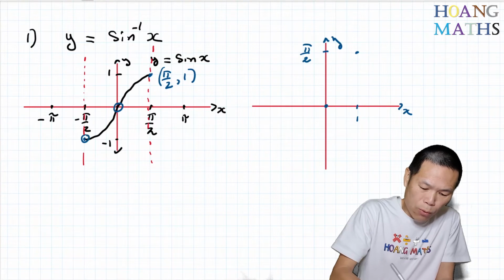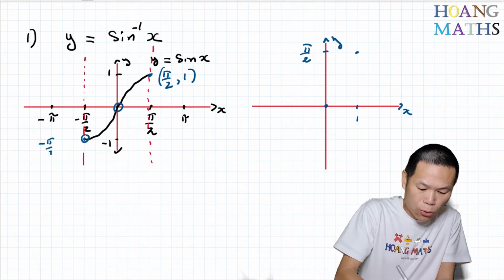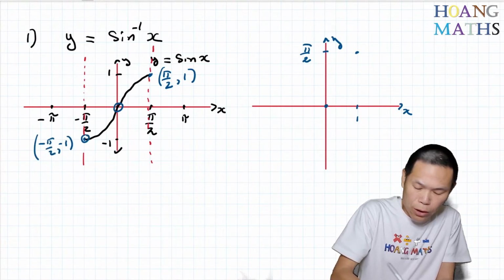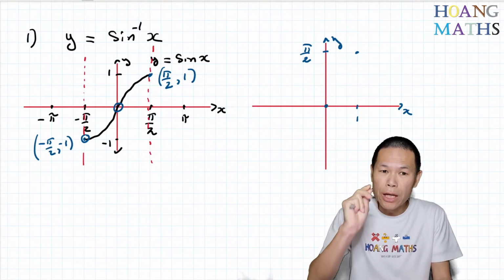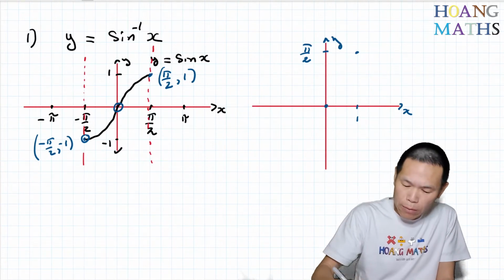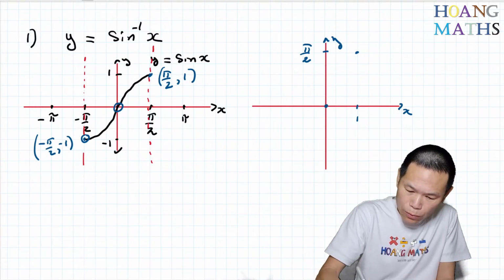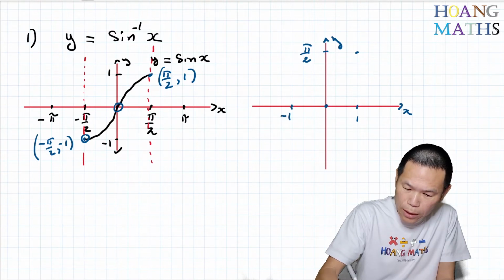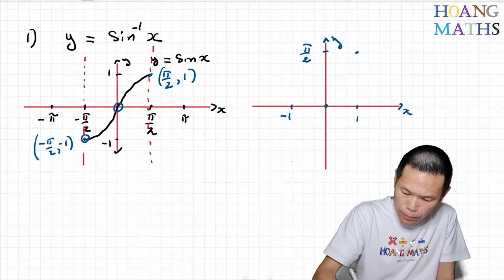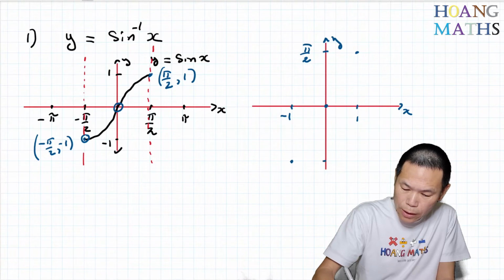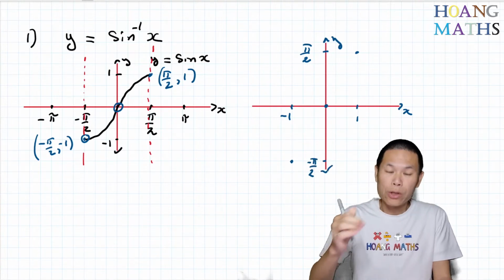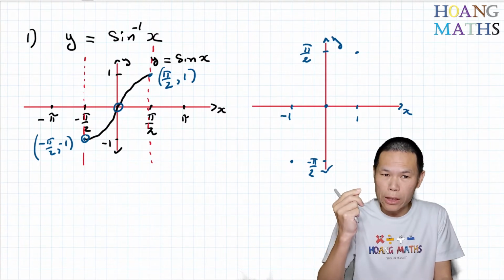At this point here, we have negative pi over 2, negative 1. So it switches around, becomes negative 1 and negative pi over 2. So negative 1 here and negative pi over 2. So there you go. Now to graph it, we just connect these points together.